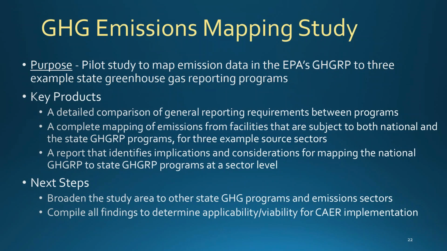And the question is, for other states or for state and local agencies that also collect greenhouse gas data, how much do their efforts overlap or differ from the federal greenhouse gas reporting program?